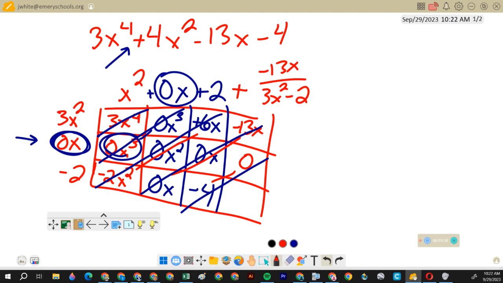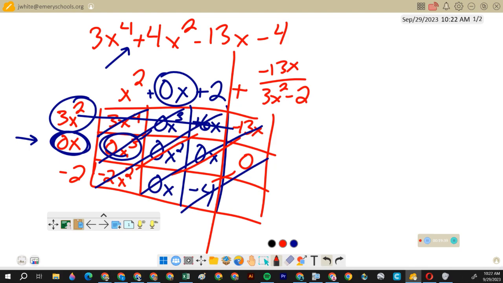Question. So that's a really good question. Once you get here, you're going to have remainders. And the reason is, can I take a 3x squared out of a negative 13x? No, I've run out of x's.